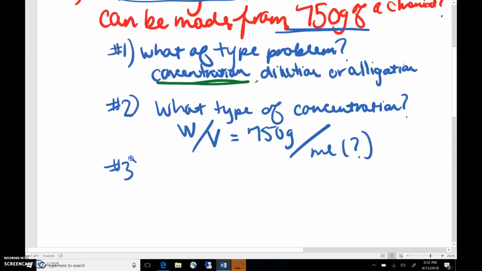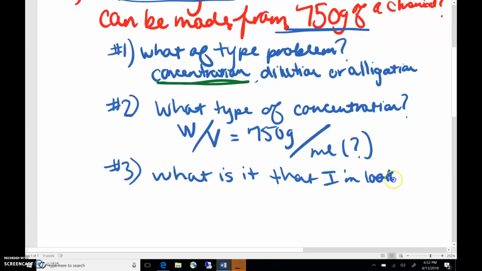So the next question you ask yourself is, what is it that I'm looking for? Well, you know that you're looking for the amount of milliliters.